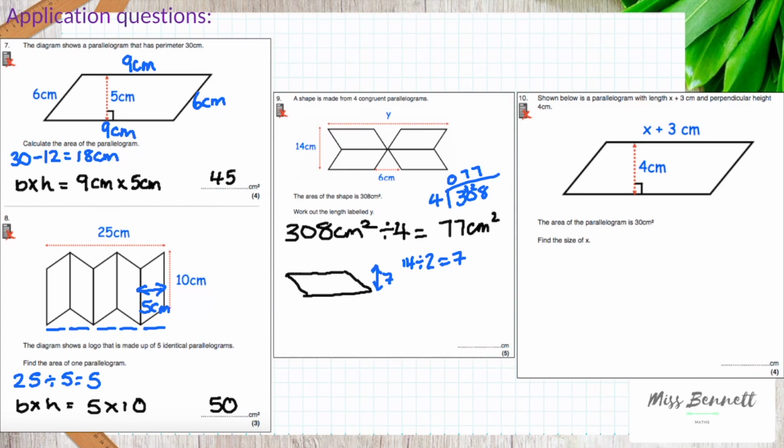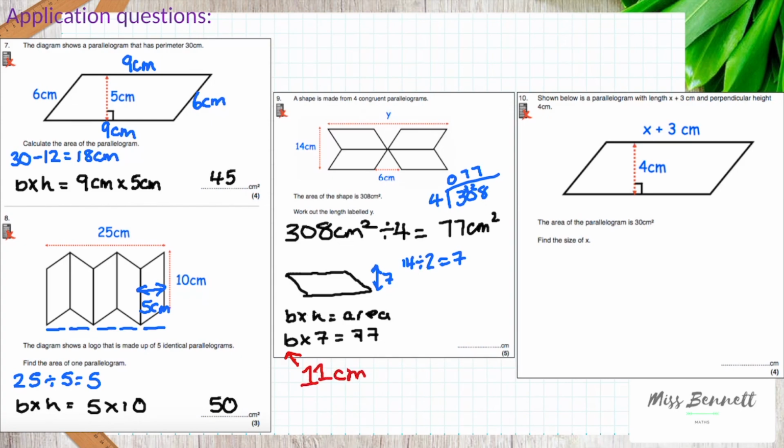And I need to make sure my area is 77. So the base times the height is the area. Well, the base we don't know. The height is 7 and the area is 77. So if I do 77 divided by 7, that will give me the base, which comes out to be 11 centimetres.